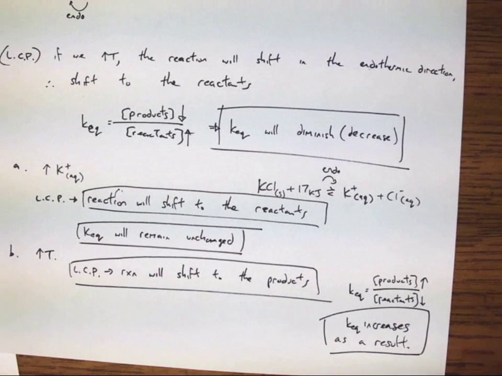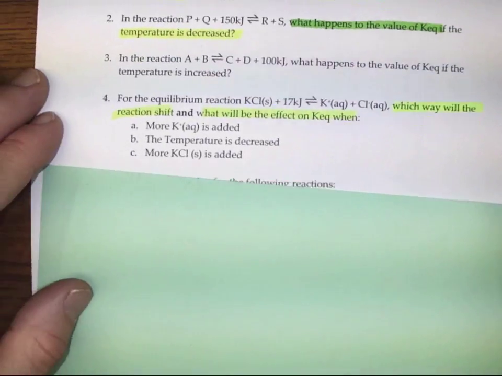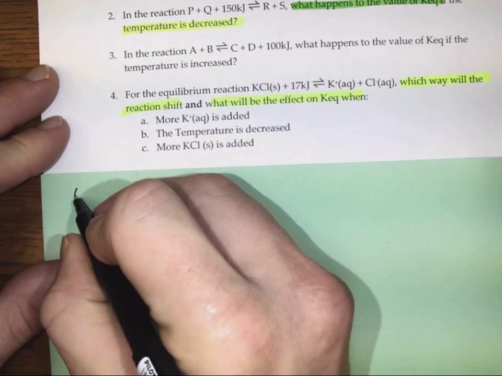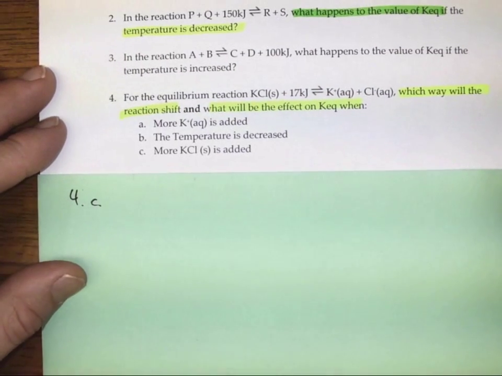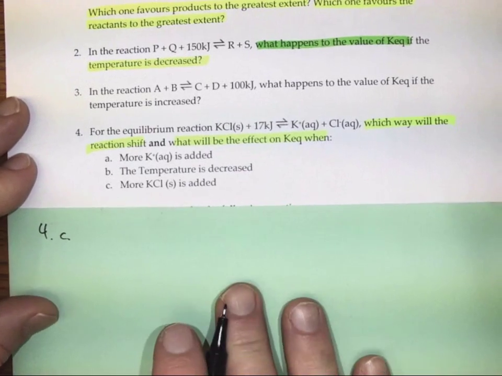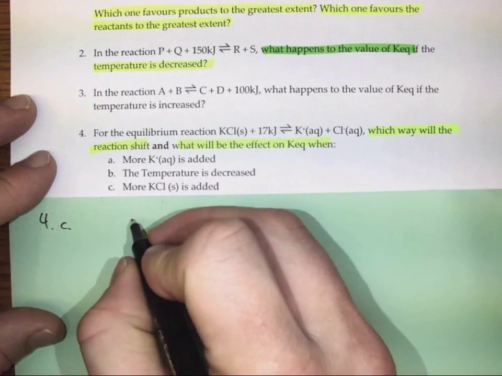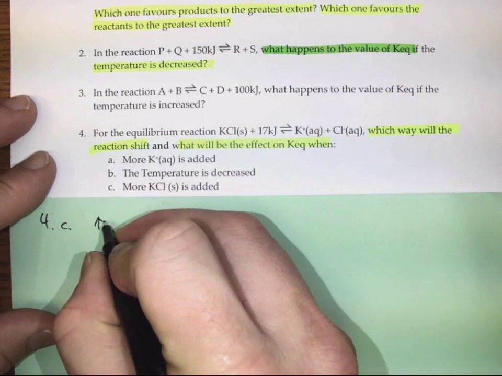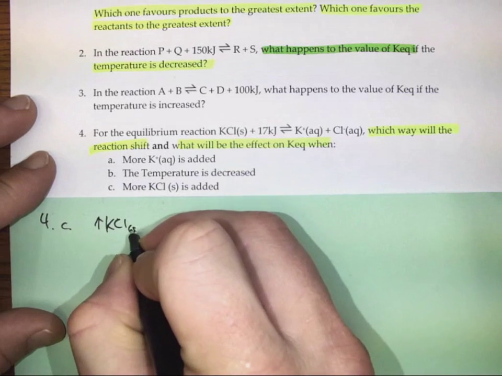All right, let's move on. So let's look at 4C. Again, we're looking at the same reaction here. The reaction says we're going to add more KCl, or potassium chloride, so we're going to increase the KCl solid.